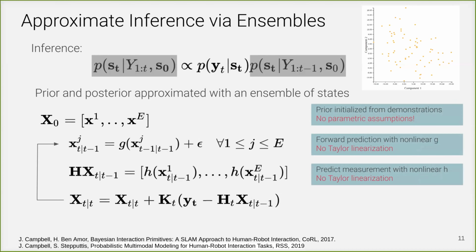Also, our inference process does not need any Taylor linearization. For the forward prediction as well as for the measurement function, we can use nonlinear functions G and H over here. And that allows us to calculate the posterior again as an ensemble. And actually this process is really efficient. We've been running this on all sorts of robots and embedded systems.